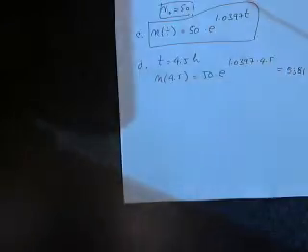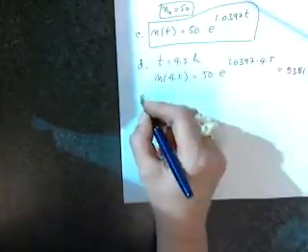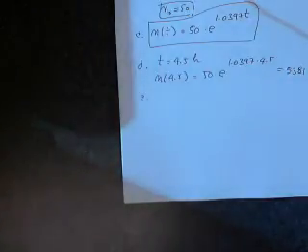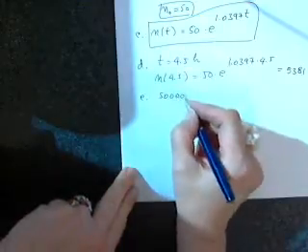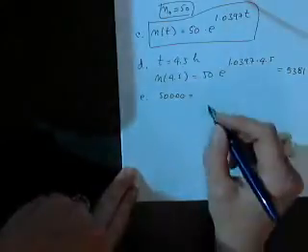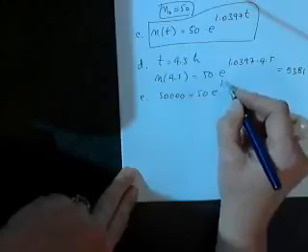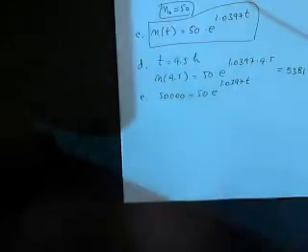Finally, when will the number of bacteria be 50,000? What should I do in this case? 50,000 equals 50 times e to the 1.0397 t. Perfect.